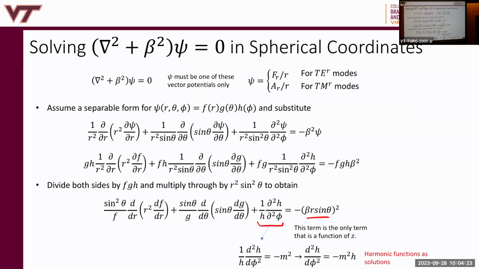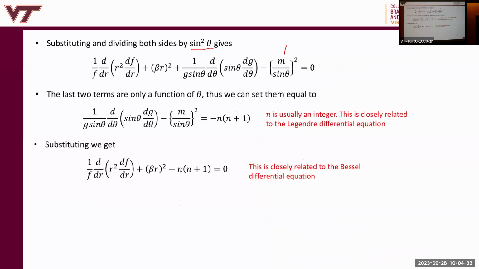Where's the beta r? There should be a beta squared r squared term. Oh, I think we moved that here. Sorry. So divide through by sine squared, and then move the beta r to the other side. That's remaining, right? So then you get this differential equation here.